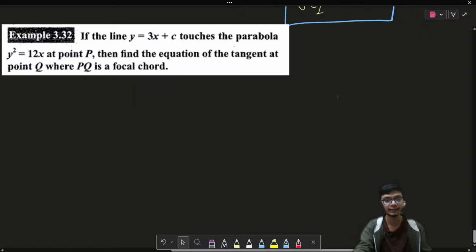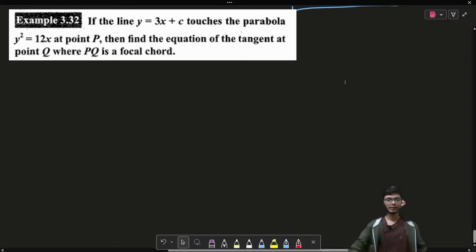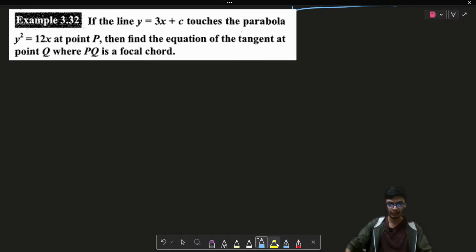It is said that if the given line y is equal to 3x plus c touches the parabola, which is the standard parabola, at point P, then find the equation of tangent at Q, where PQ is a focal chord, right? It is basically simple calculation you have to perform yourself, because you know how to find out the two extremities of the focal chord, right? So try to solve this problem and do let me know whatever answer you're getting.